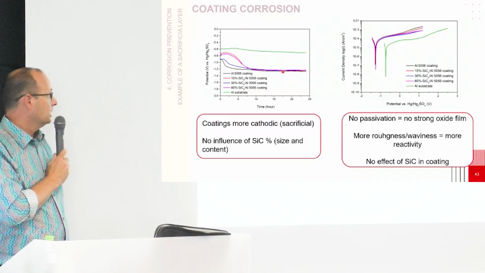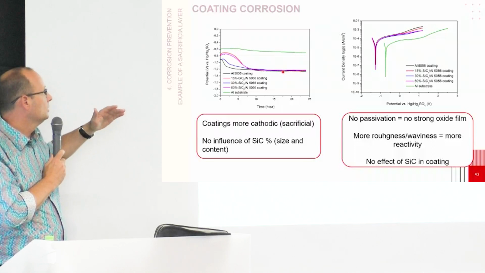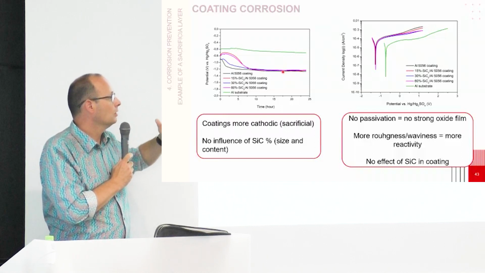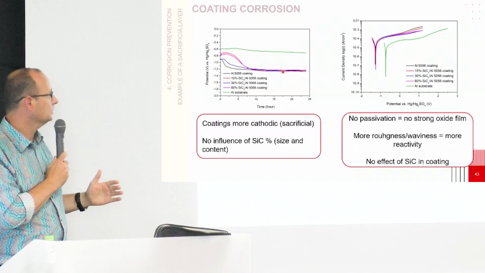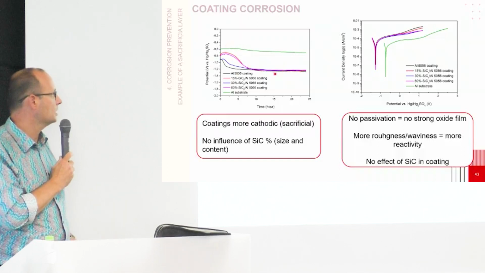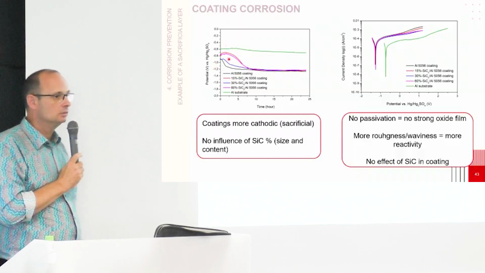Now you want to have an idea if it will have a difference in corrosion rate on the different coatings that you prepared, and actually, except at the beginning, everything is the same at the end. Why did it change a bit at the beginning?